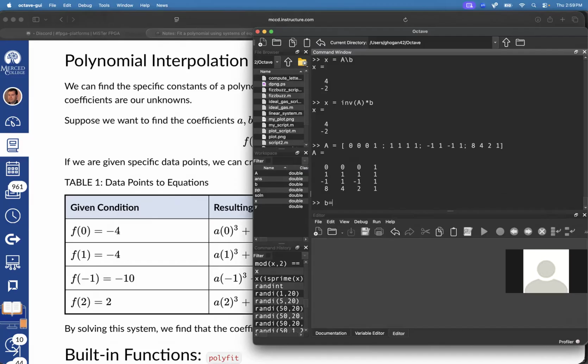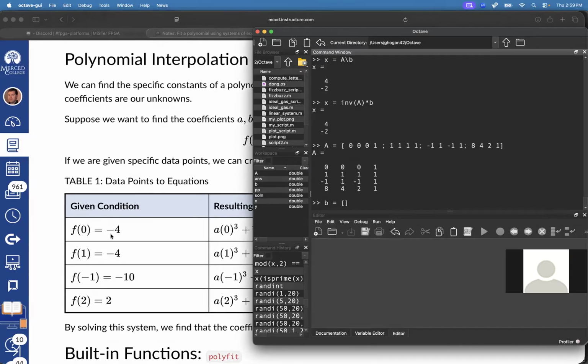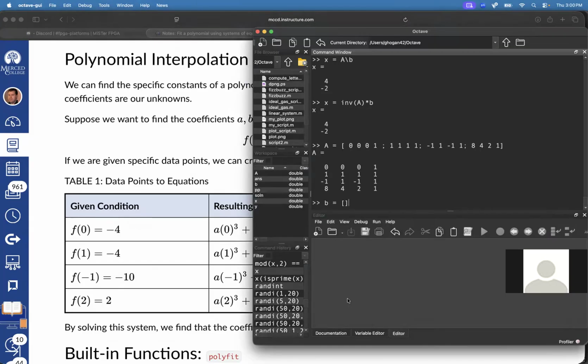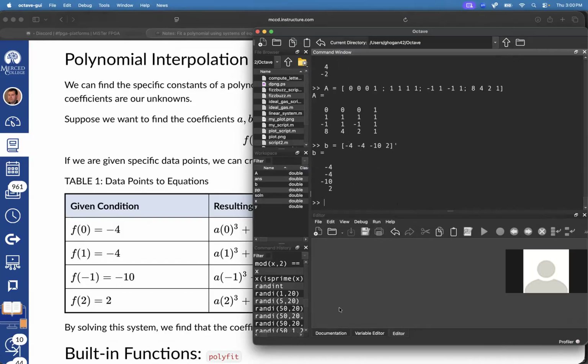And then our B matrix is going to be the right-hand side of those equations, which I think we have typed out here. Actually, they're here: negative 4, negative 4, negative 10, 2, as a column.